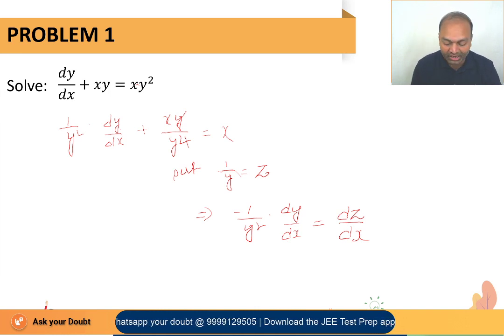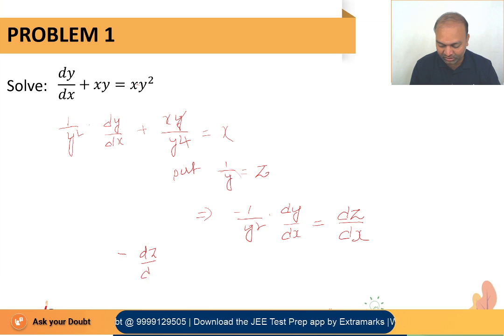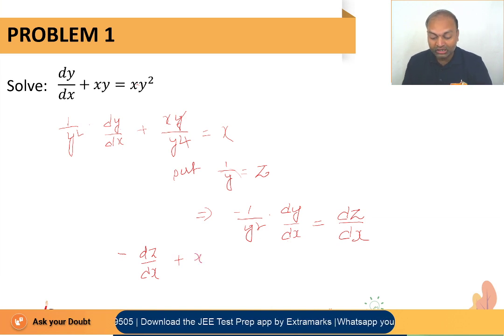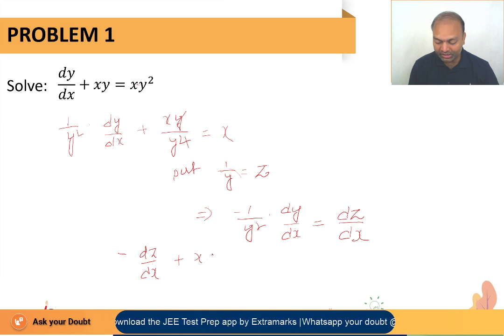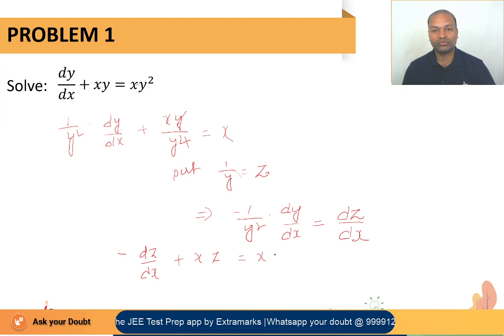So I am writing here minus dz by dx plus x into 1 by y. 1 by y is equal to what? By assumption z is equal to x. Right?